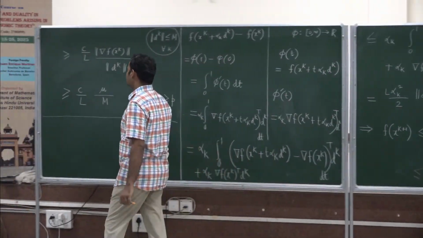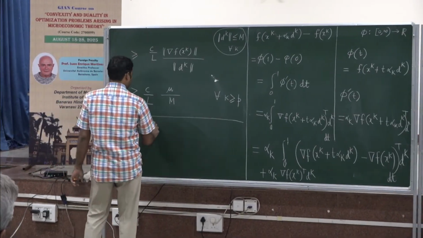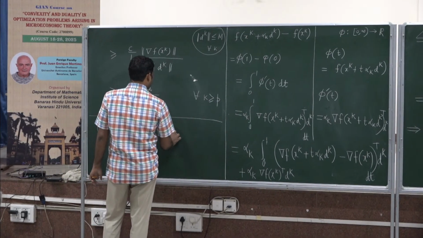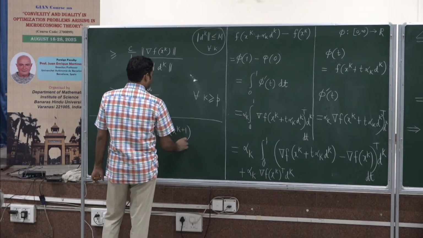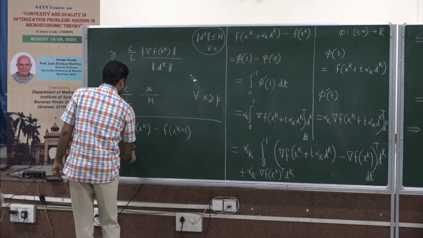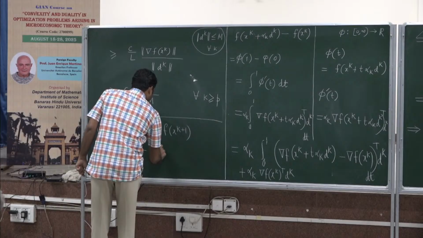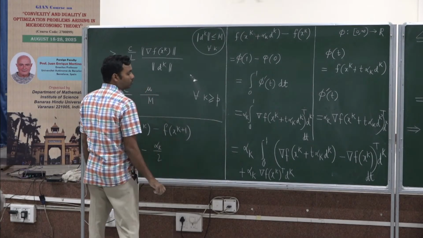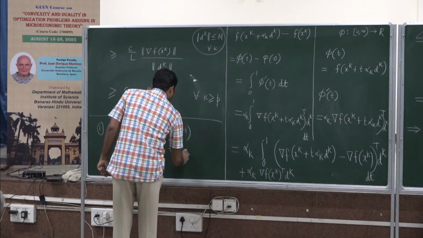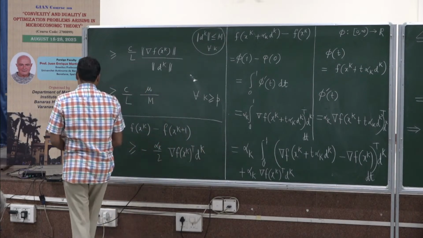From 1, we now have f(xk) minus f(xk+1) is greater than equal to minus alpha k by 2 gradient of f(xk) transpose dk.